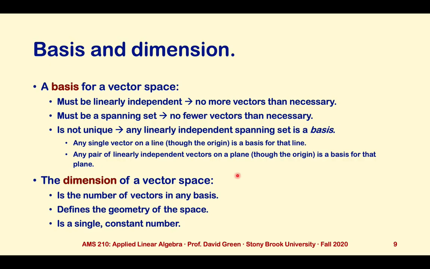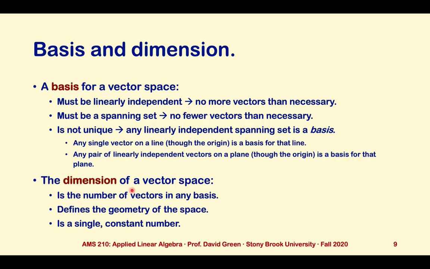Any pair of linearly independent vectors that sit on a plane through the origin is a basis for that plane. There's an infinite number of those pairs. As we move on, we will see that there are ways to define certain bases that have particular properties that are easier to work with. But for now, let's think of just the very general definition of a basis being any linearly independent spanning set.